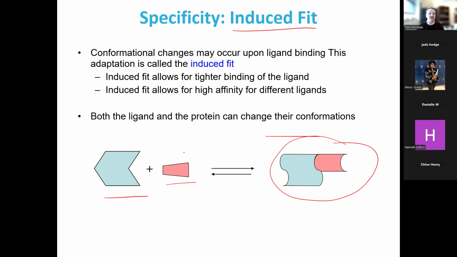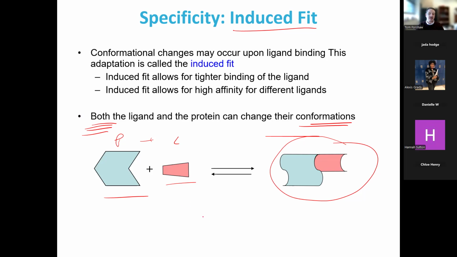Induced fit is that when the protein and the ligand come together, they will both change. That's important. Both. They will both change their conformation to better fit each other. That was really important. I gave a lecture earlier when I was talking about the TCA cycle and an example of the induced fit model, where the first enzyme of the TCA cycle is citrate synthase.